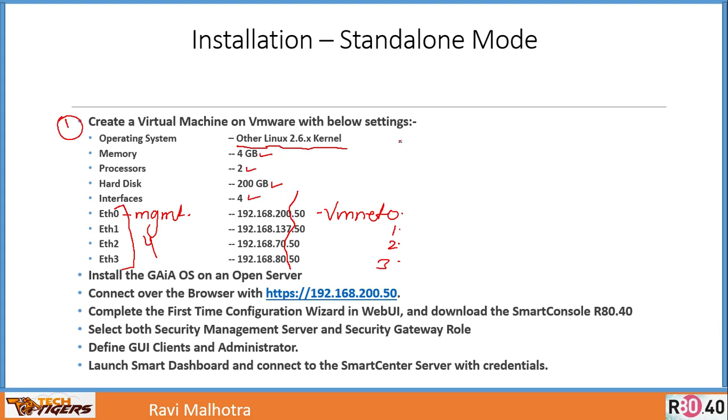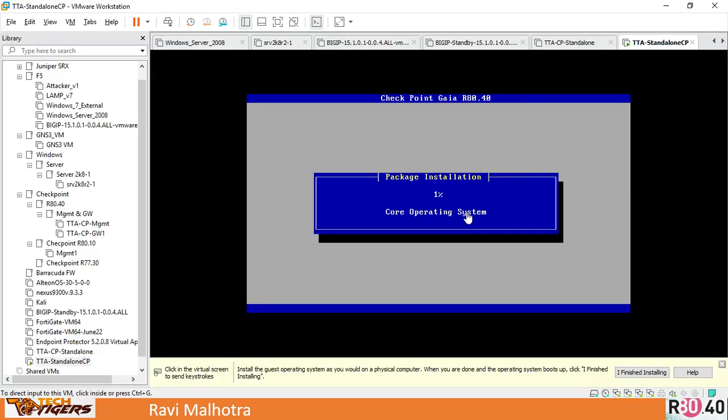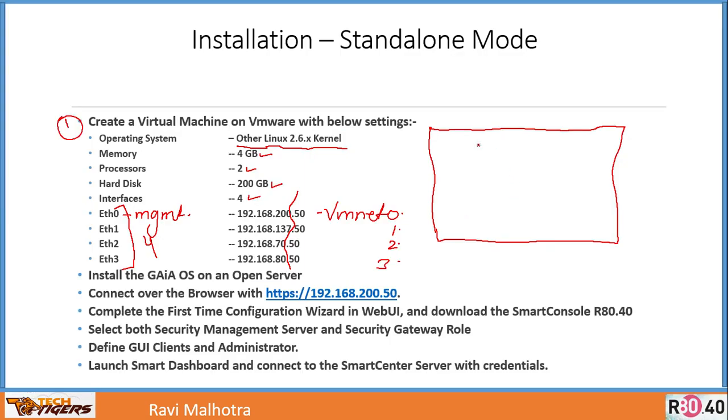So if I'm just trying to create a kind of diagram, this is how it looks like. This is my laptop. On this my laptop, I just created one virtual machine. I created this virtual machine with the 4 NIC cards.